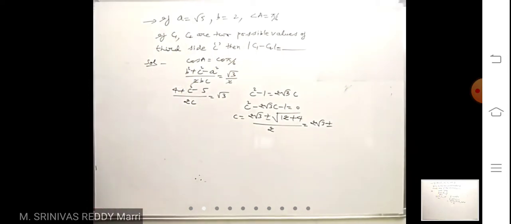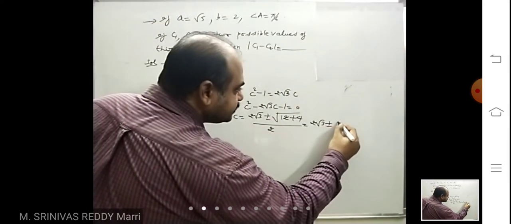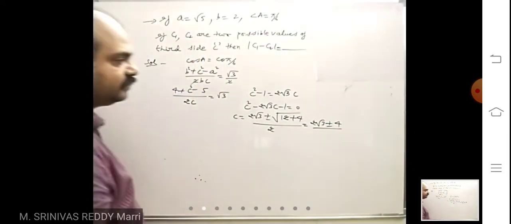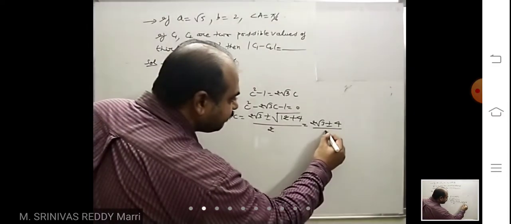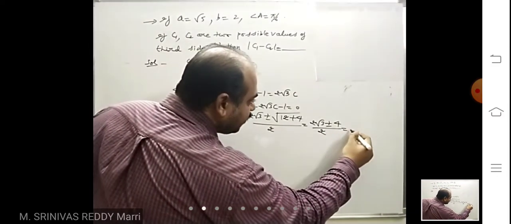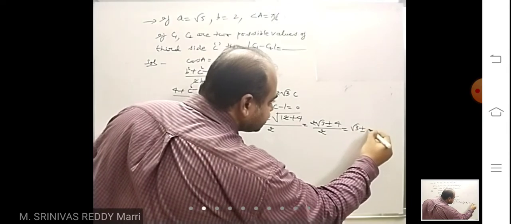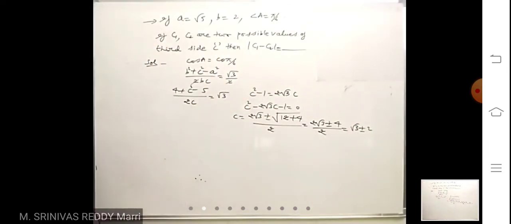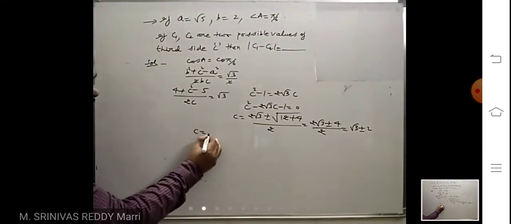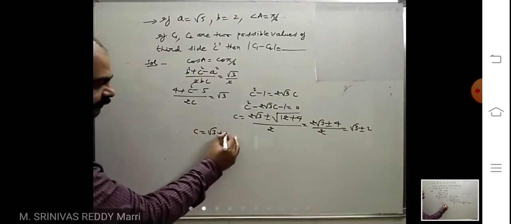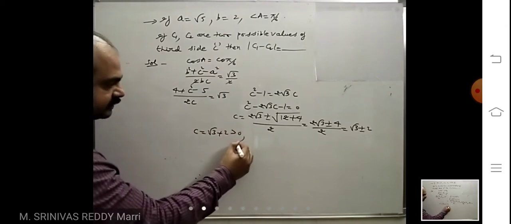So you will get 2 root 3 plus or minus root 16, which is 4, divided by 2. Strike off 2: root 3 plus or minus 2. Look at here, you got root 3 plus 2, one value, which is positive.